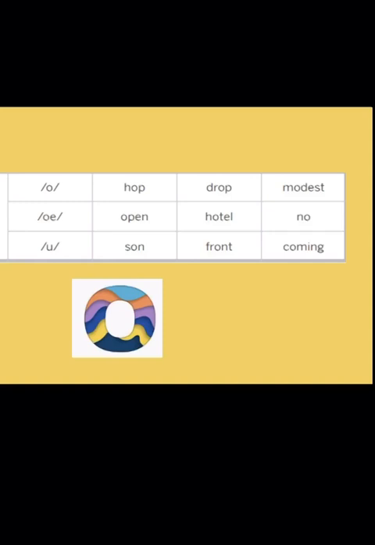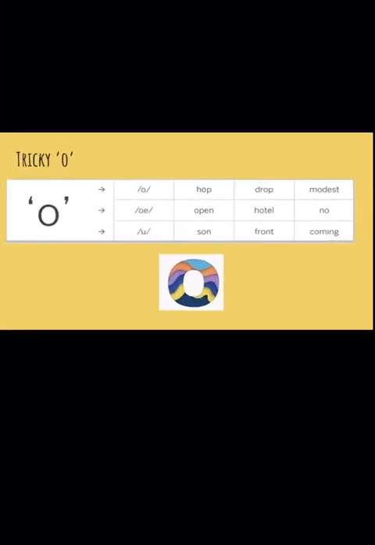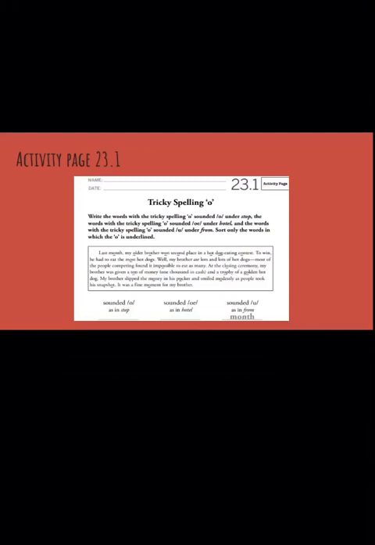For example, open, hotel, and no. In our last row, we have the O making the U sound. Sun, front, and coming. Okay, very good. That O can make a whole bunch of different sounds. That's why it is tricky O. Let's go ahead and go to our next slide.